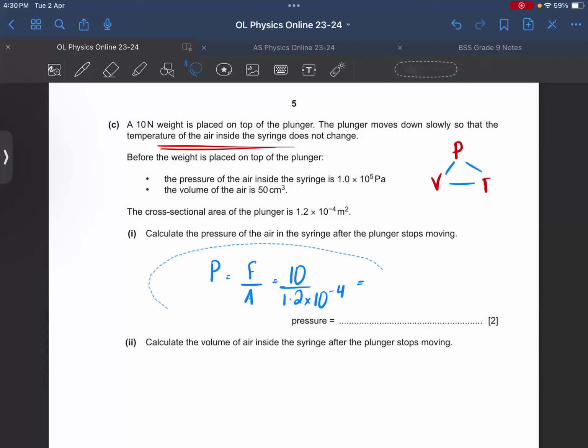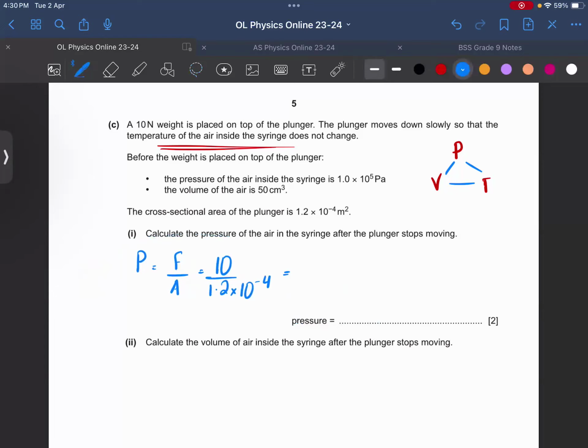So let's just take this here. So how much does this turn out to be? Because keep in mind, this is the increase in pressure. There was already some pressure inside. Okay. So how much does this come to? 10 over 1.2 into 10 to the negative 4.